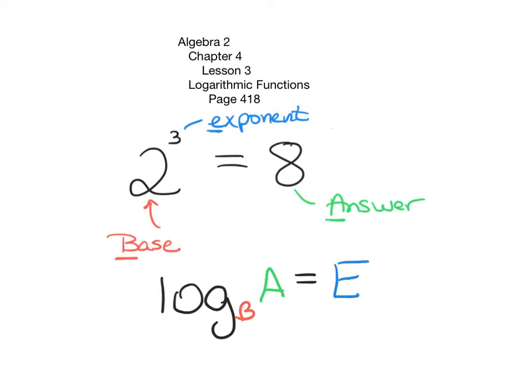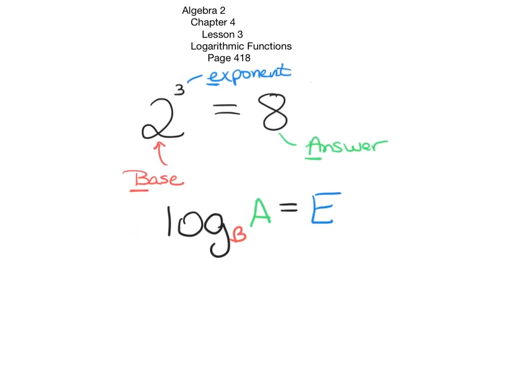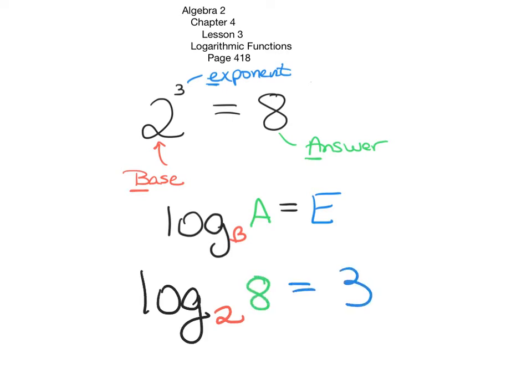So to transform 2 to the third power equals 8, I'm going to write log, put the 2 here, then put the answer, and then put equals the exponent. So you're going to spell out BAE. The base of the log is always the same number as the base of the exponent.